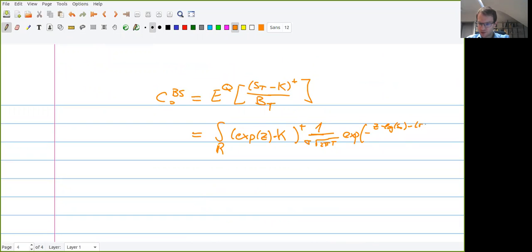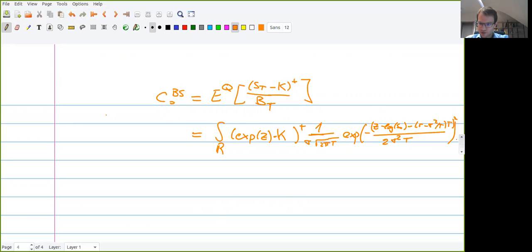In terms of the normal distribution, right? Square. This is the mean. And you have here power 2. Here you have a bracket as well. Divided by 2, right, 2 sigma squared t.